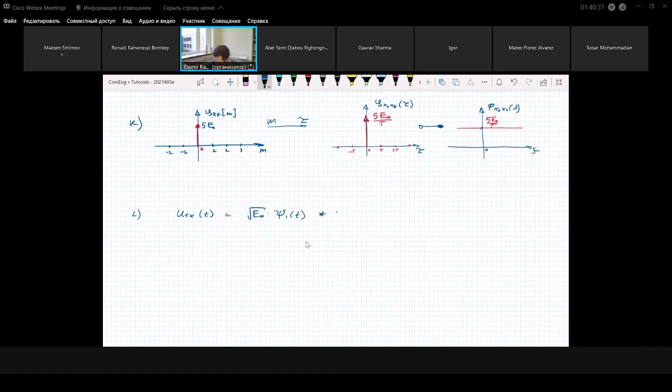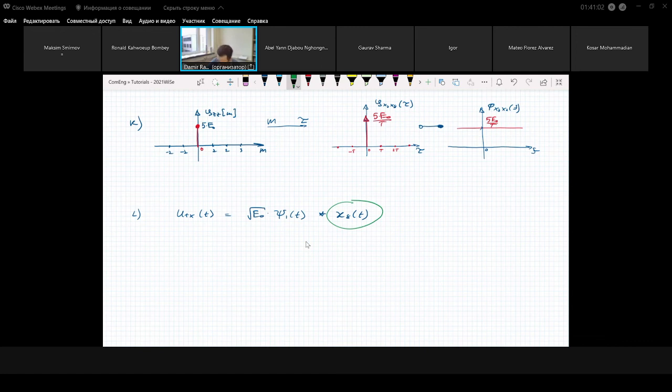We already know the autocorrelation for x delta t, and we also know the power spectral density. We don't know yet the autocorrelation and power spectral density for psi1.